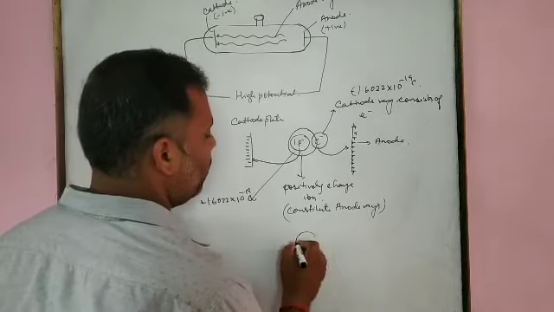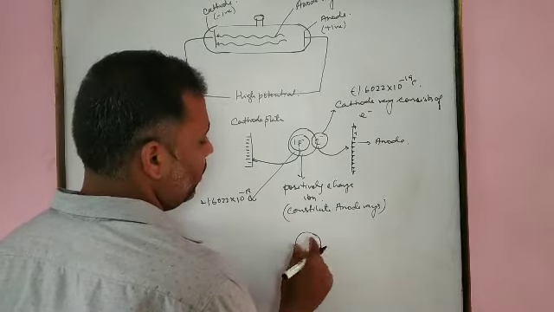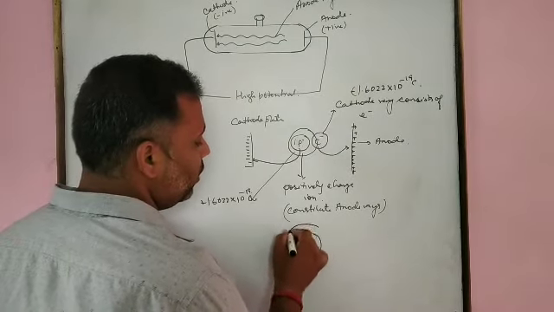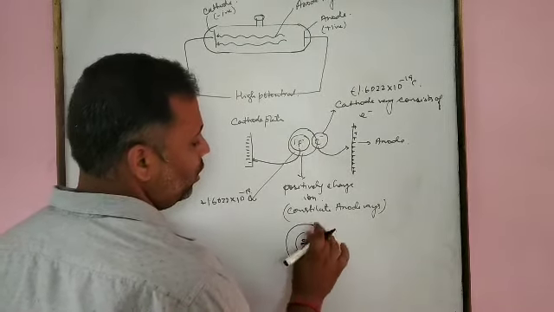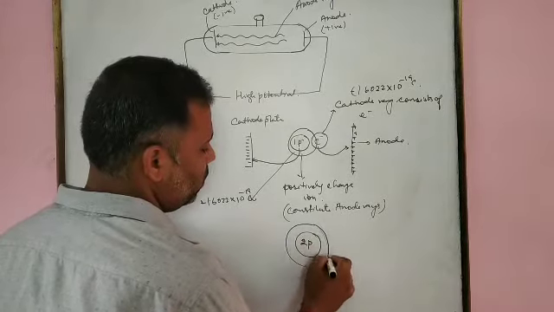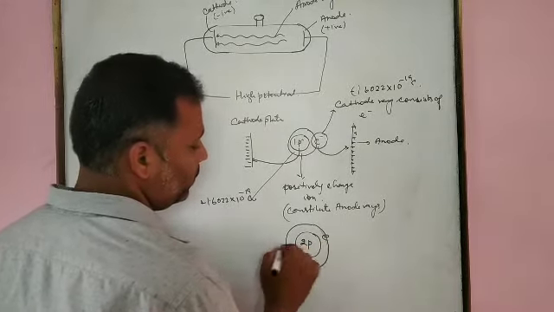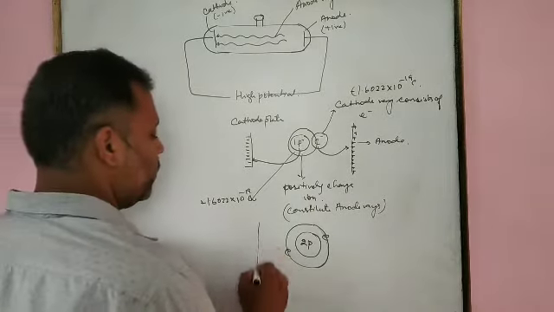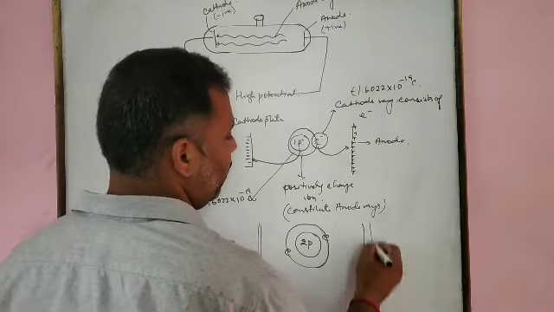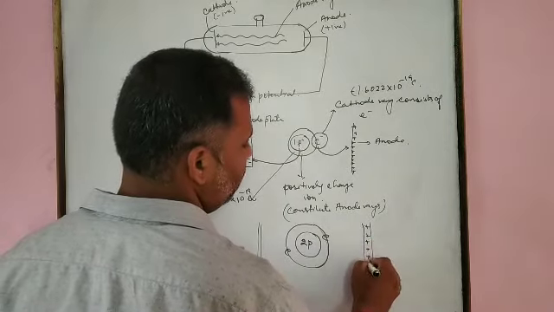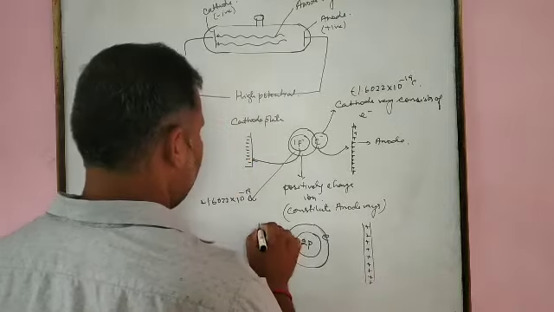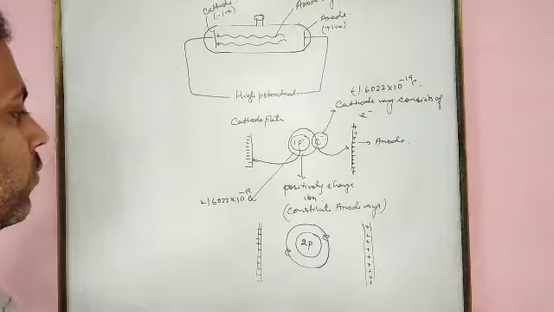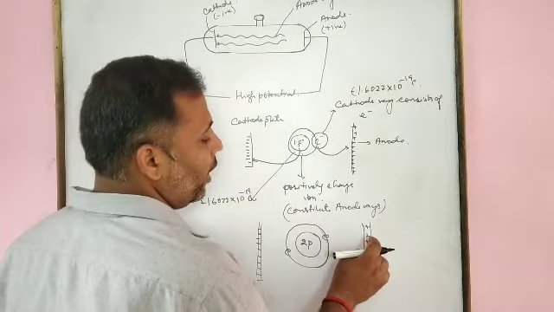If we take helium, the helium nucleus contains 2 protons and 2 electrons. On application of higher voltage, we create more and more positive charge on one plate and more and more negative on the other.